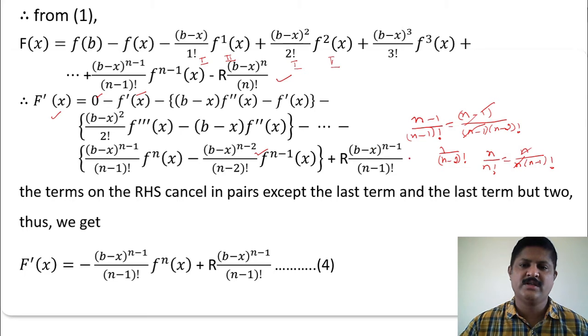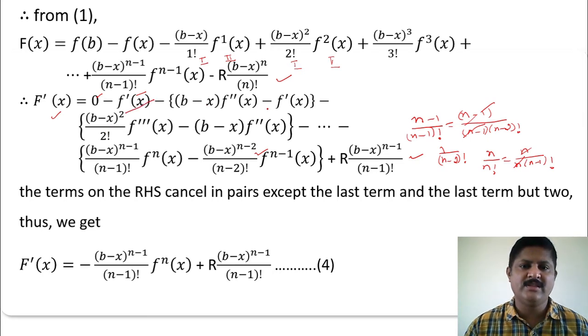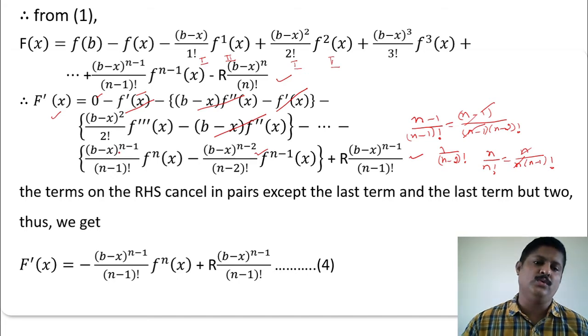Like this we differentiate f of x, we get this function. The terms on the RHS cancel in pairs except the last term and the last term but 2, thus we get, see here, f dash of x gets cancelled with f dash of x, (b minus x) f double dash of x gets cancelled with (b minus x) f double dash of x, like this all the terms get cancelled except the last term and the last term but 2.